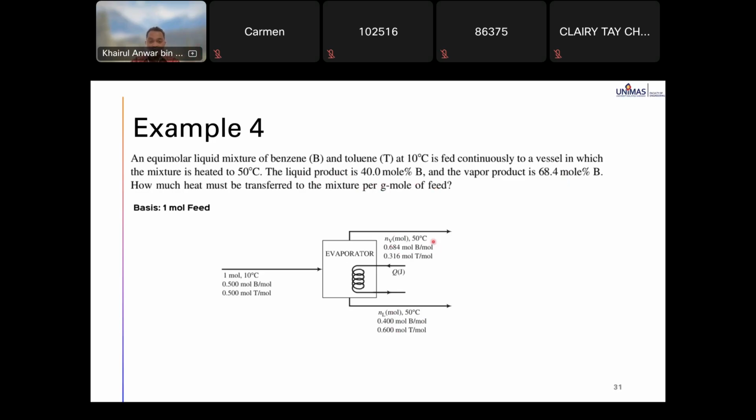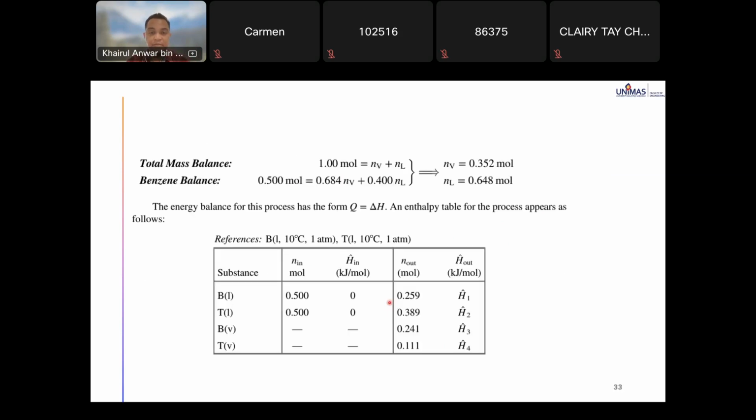Since there are Nv and Nl here, you need to do the mass balance to identify Nv and Nl. Why?